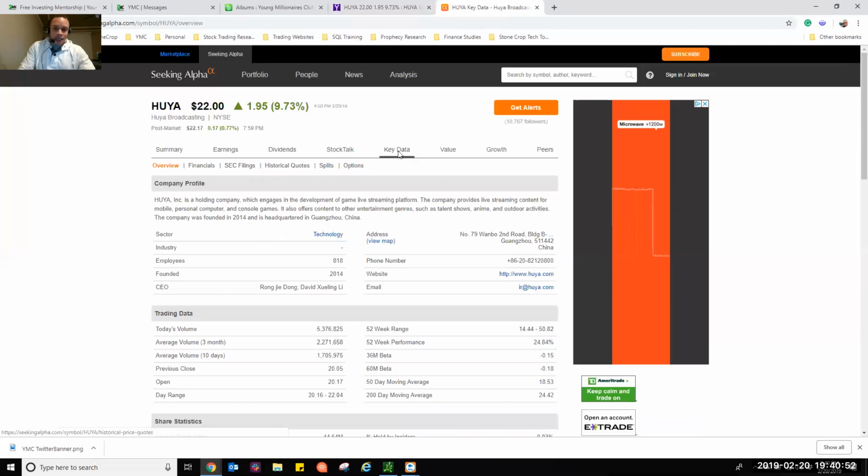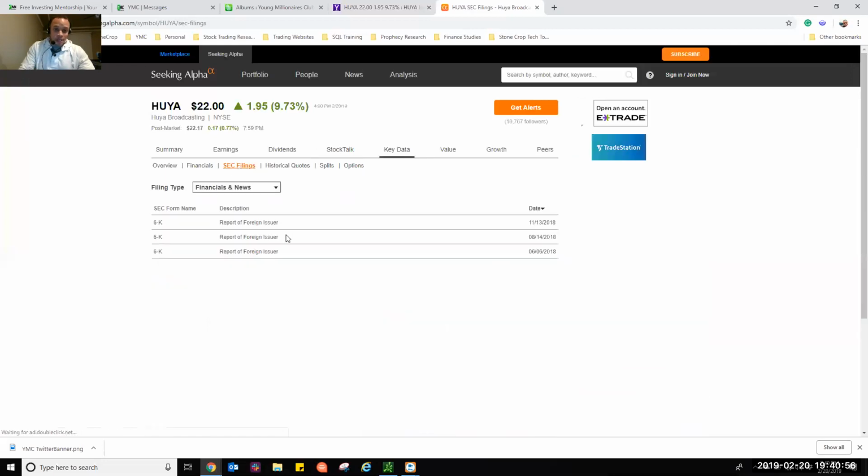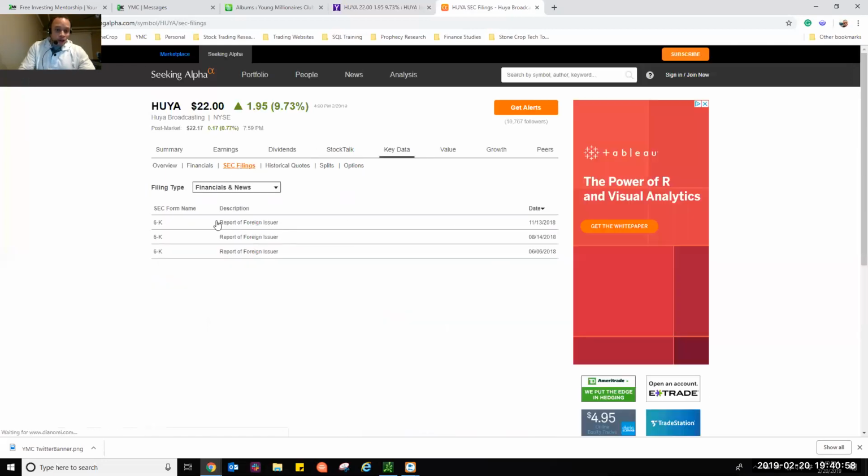From key data, you can look at the SEC filings right here, and you can see what's going on, like S-Ks, 8-Ks, 10-Ks, 10-Qs. Basically anything with ownership, or they're registering a new partner, mergers. All this stuff is publicized here first before it actually releases to the public news.